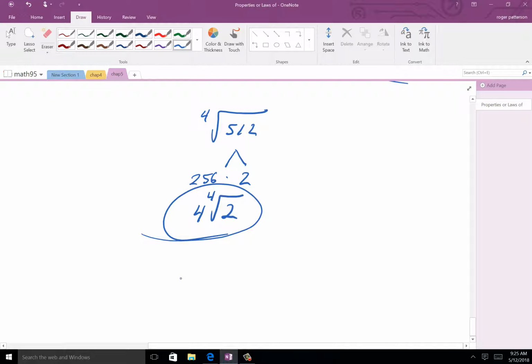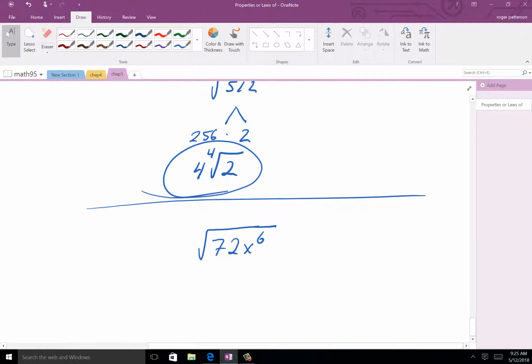All right, we'll keep going here. We're still simplifying. Now we're back to square roots. Good deal. I can do these. So now we take 72. Got to break that down. What is our largest number that goes into 72 evenly?